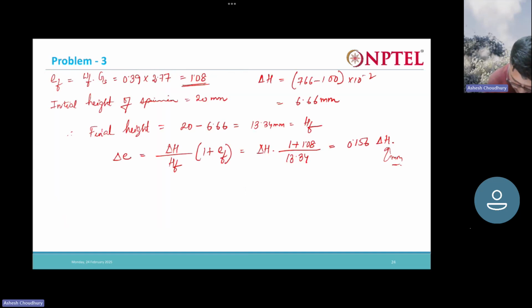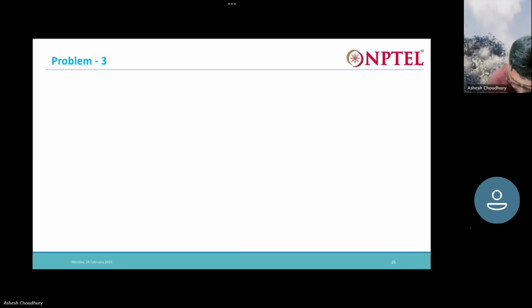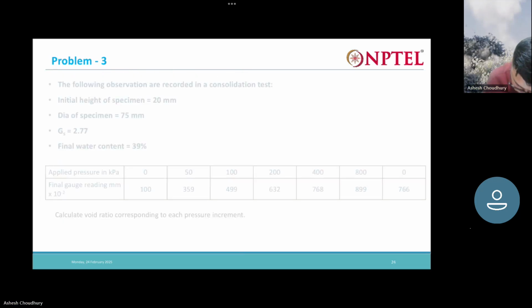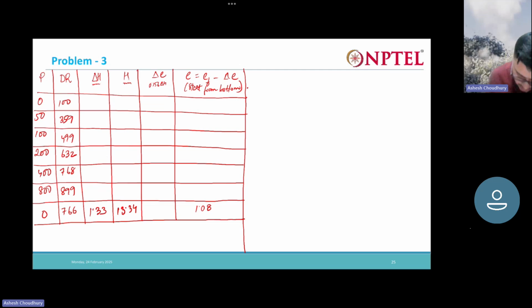And by how much did the height reduce? From 899 to 766, that change is 134, so 1.33 mm. Because at higher load the height should be less, it will be 13.34 minus 1.33, which is 12.01. Like this we have to do.